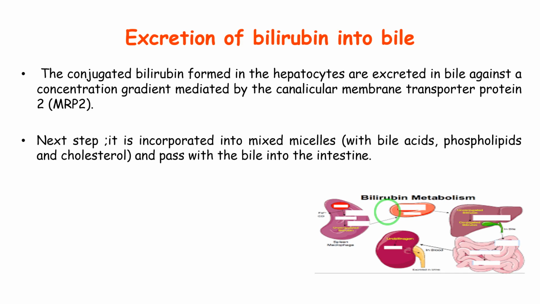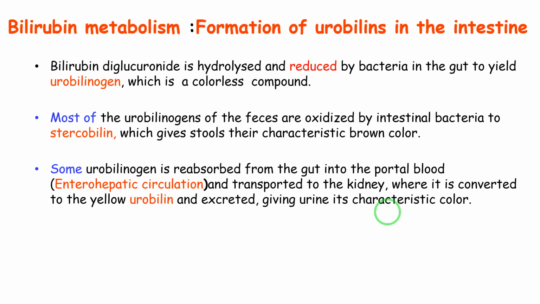Then the conjugated bilirubin will pass through the bile canaliculi and through the common bile duct and pass to the intestine. Now, the bilirubin is in the intestine. What are the steps that occur in the intestine? We have certain types of bacteria, mainly in the lower part of the intestine.